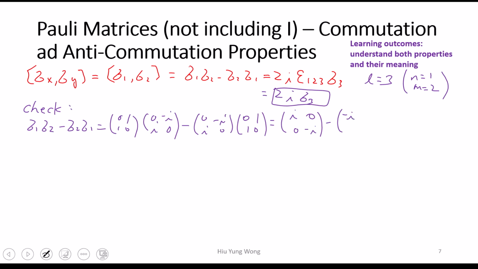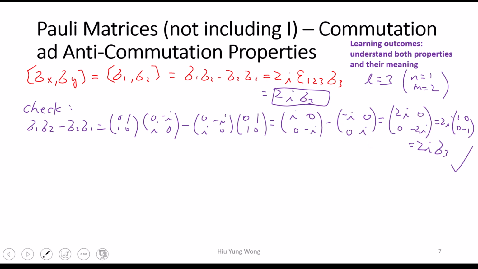Anyone know how to do it? 0. How about the lower left? Also 0. How about lower right? Thank you. So I do the subtraction. This gives me 2i, 0, 0, negative 2i. Factorize it, 2i times 1, 0, 0, negative 1, which is sigma 3, sigma z, right? So I show that it's consistent with this equation.